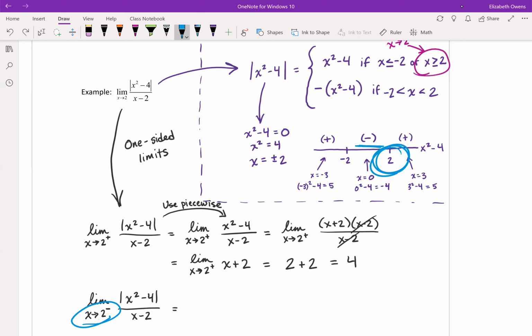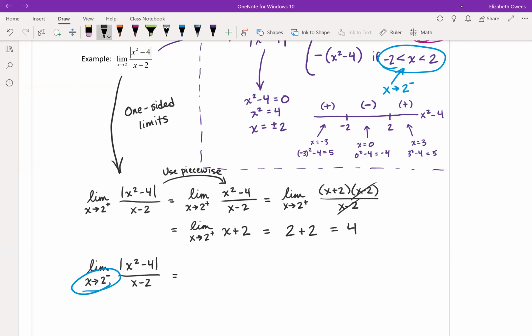So we're looking in here at these values, approaching 2 from the left. So that's going to be in this middle region of the number line right here. We're going to use this for x approaching 2 from the left. And so we're going to be able to plug in this part of the piecewise function.